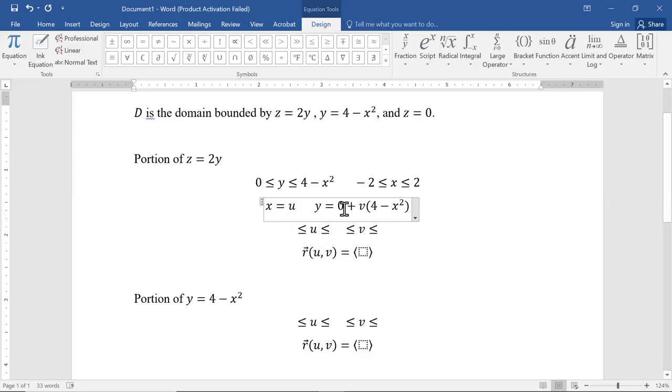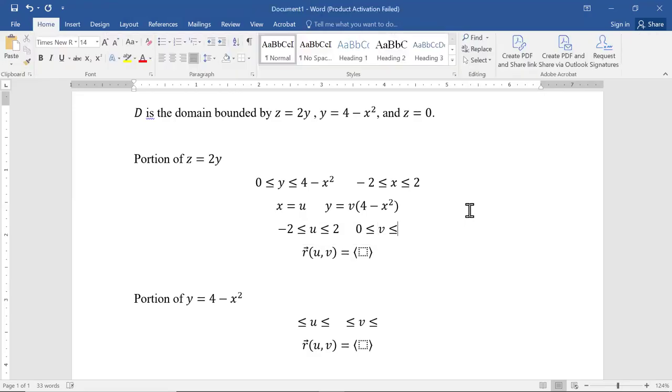So I could do 0 minus 0v, so that when I plug in a v of 0, I get 0. And when I plug in a v of 1, I get 4 minus x squared. So that's what I'm going to end up doing. I'm going to go from u of -2 to +2, a v of 0 to 1.